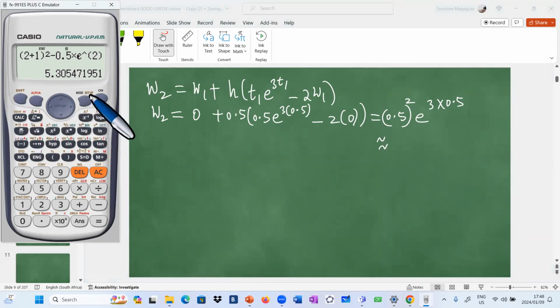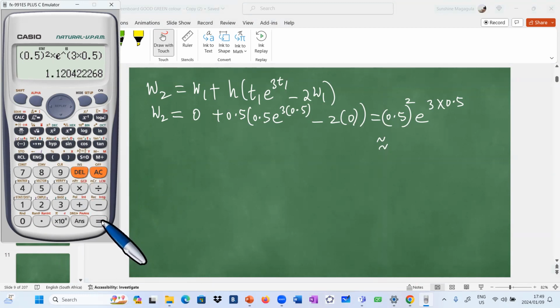For example, you put parentheses, 0.5, and then you close, and then you square everything. Then you multiply that by the exponential, which is shift above the natural log, and then you have 3 times 0.5, and you close like that. So you have this.